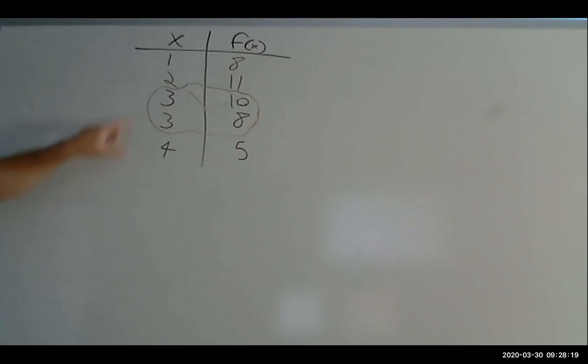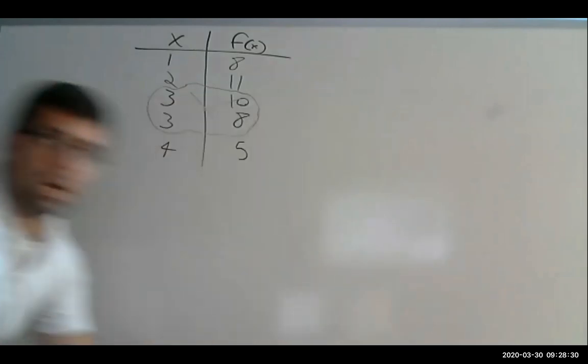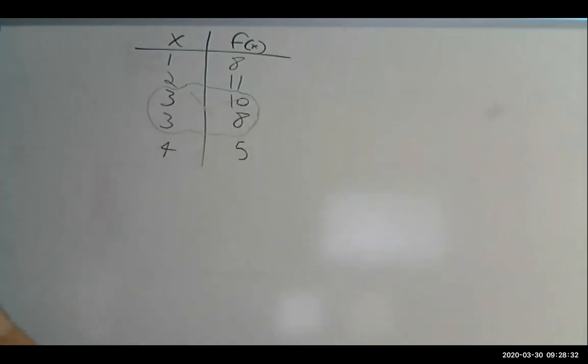But you can't ever have the same number over here twice. So that's one of the ways we do this, if you're just looking at values.